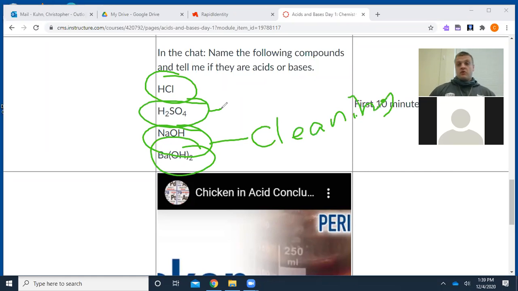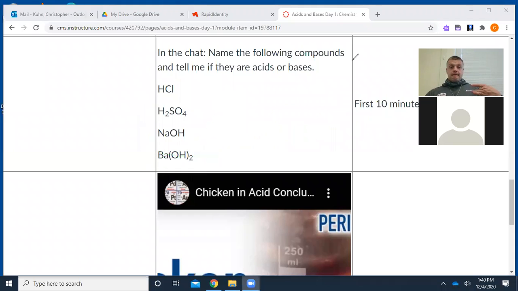It's typically sodium hydroxide that's in the cleaning supplies, but it's important to know these things and to be able to identify the difference in the chemical makeup of these things, because obviously bases and acids are both damaging.